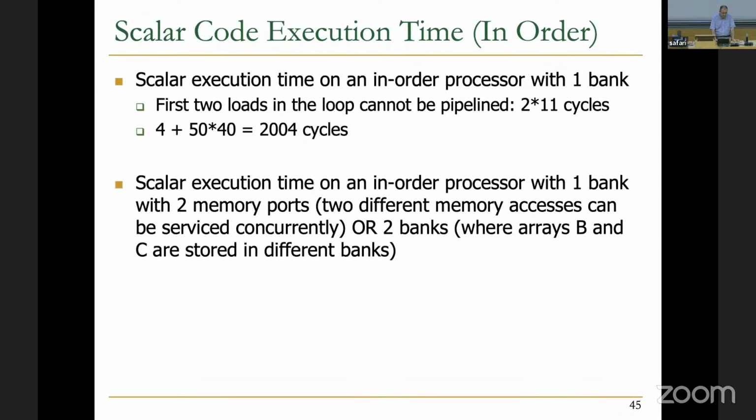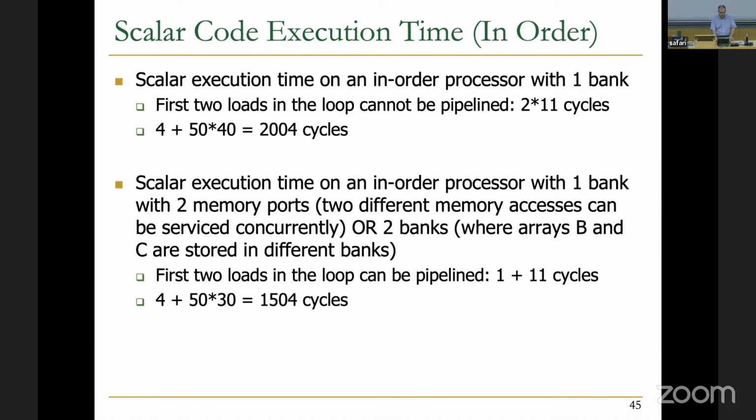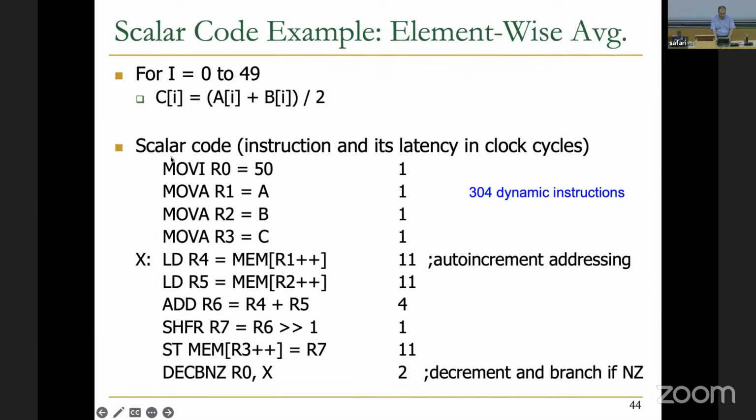So the scalar execution time on an in-order processor with one bank with 2 memory ports can be faster because you can pipeline the first 2 loads. Then the latency of the total of these 2 loads is going to be 11 cycles for the first load.